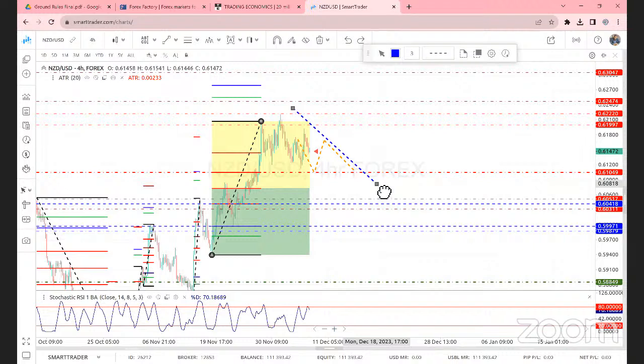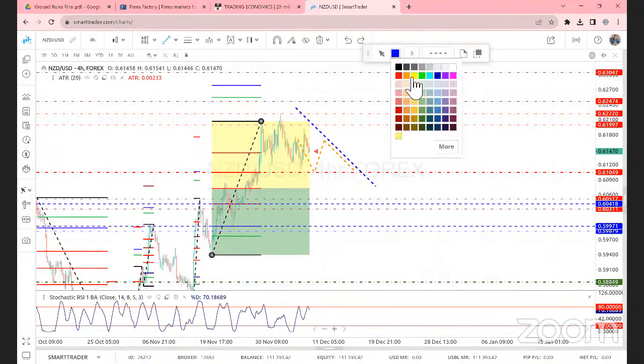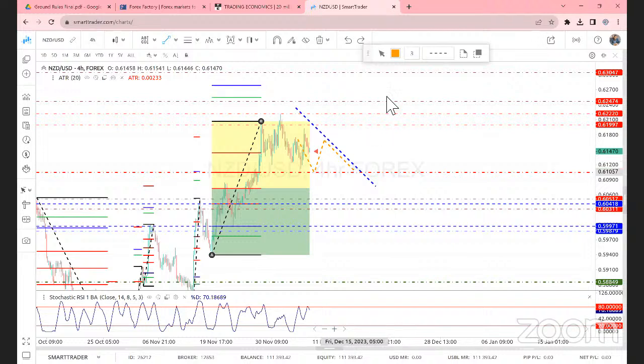And you may say, I'll wait for my stochastic to be in the right position. And if I get that break, then I'll trade off that 382, right? Totally up to you.